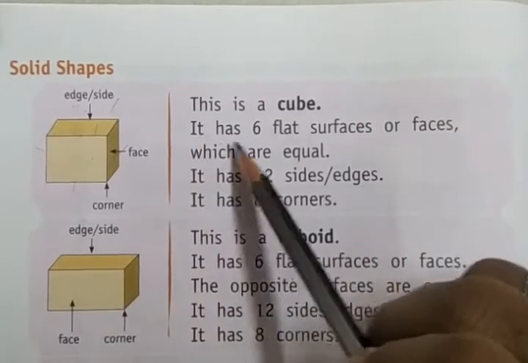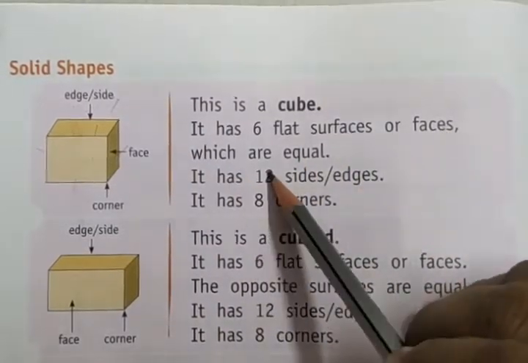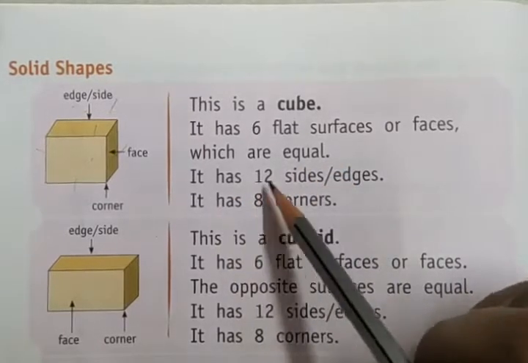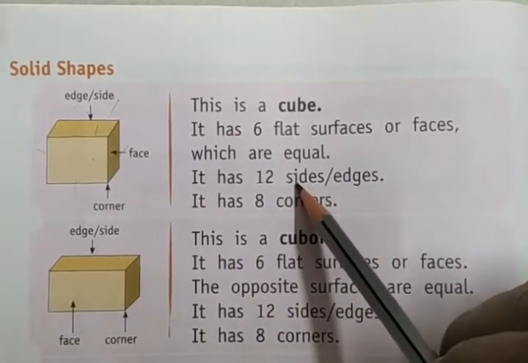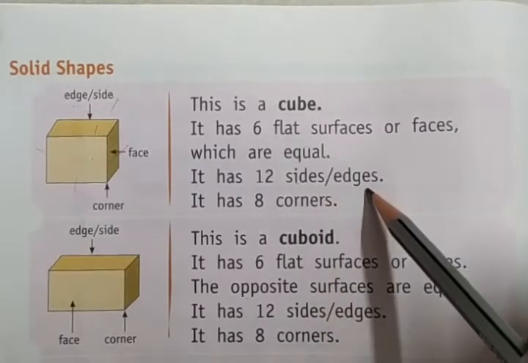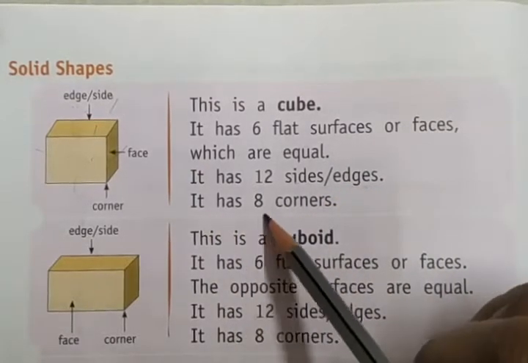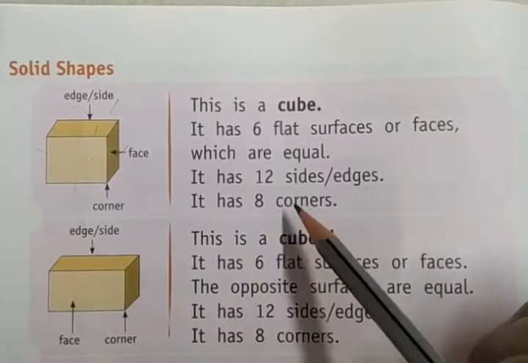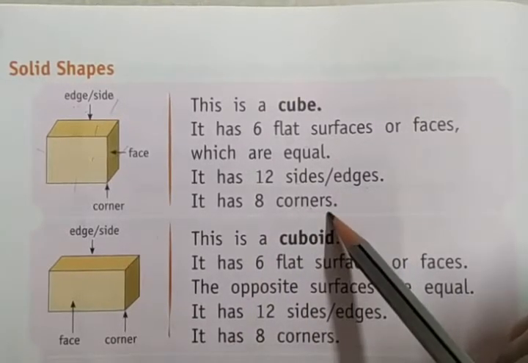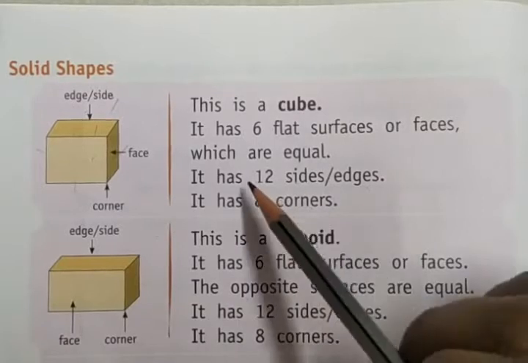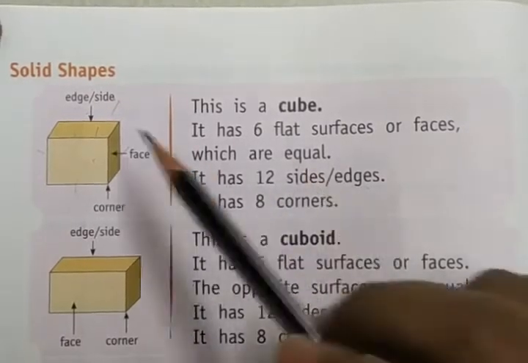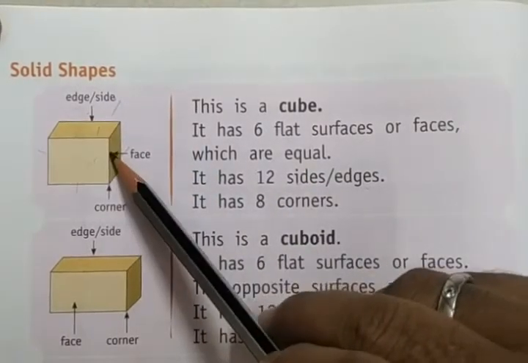Okay, 6 flat surfaces which are equal. It has 12 sides or edges. It has 8 corners. This is called a cube.